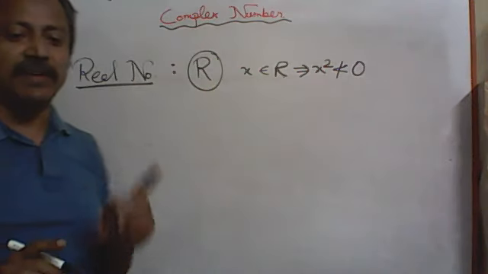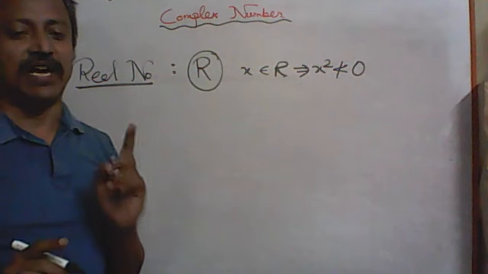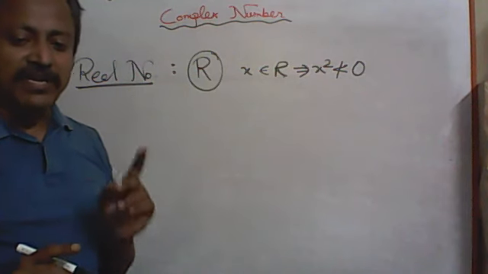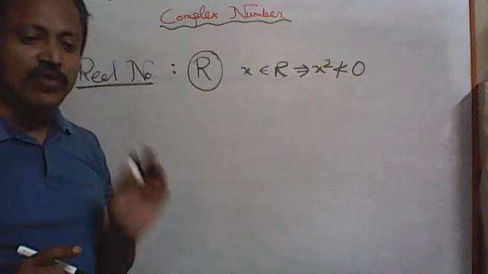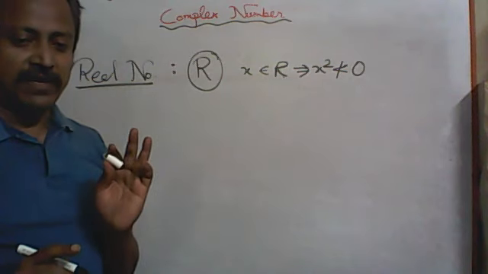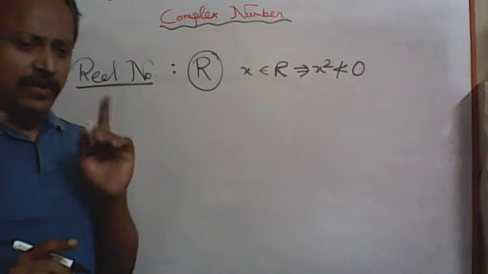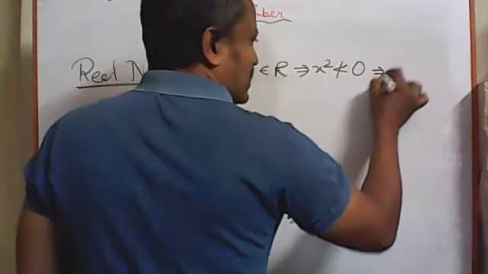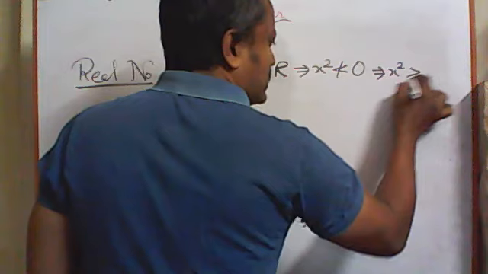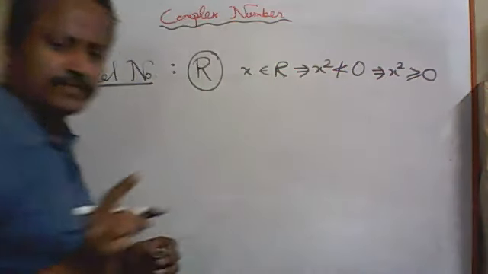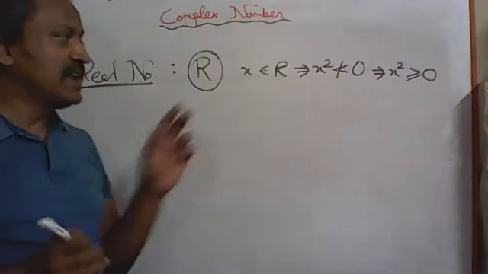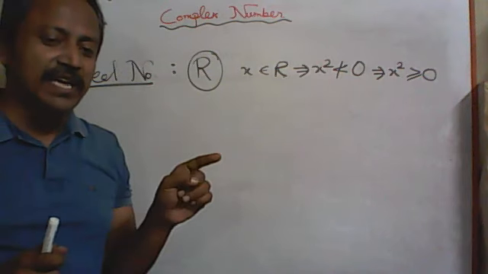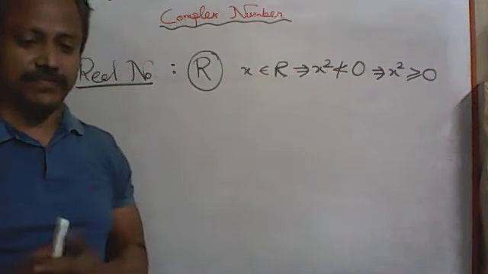This is the mathematical definition of a real number: its square is non-negative. Non-negative means x square is greater than or equal to 0.